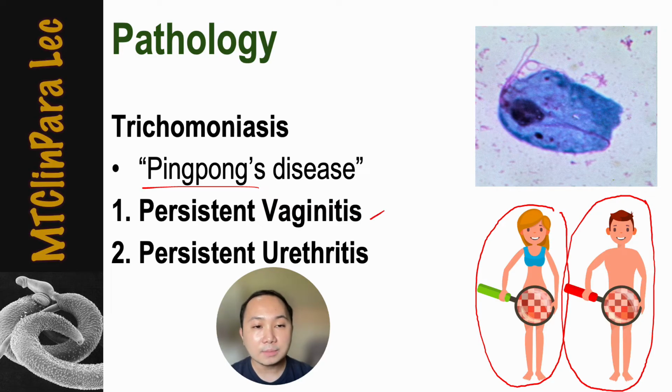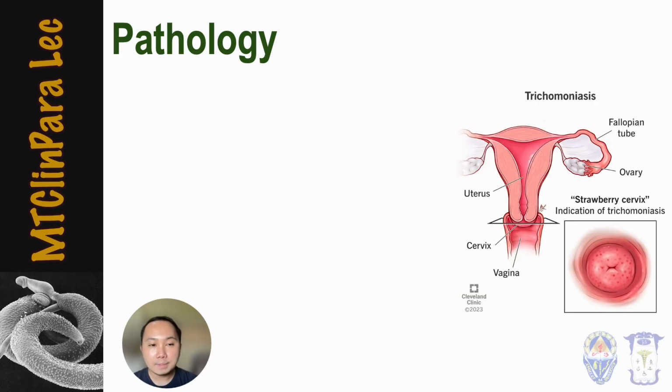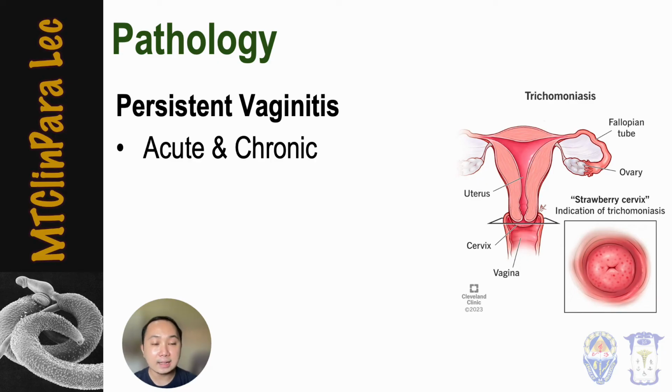For women, this is persistent vaginitis or inflammation in the vaginal mucosa. For men, although they are asymptomatic, or what we call the silent carriers, they may also exhibit inflammation within their urethra. So for women, trichomoniasis is manifested by persistent vaginitis, and it is divided into acute and chronic stage.